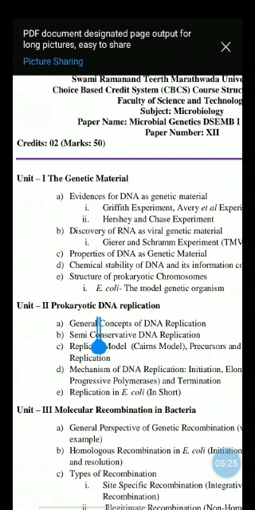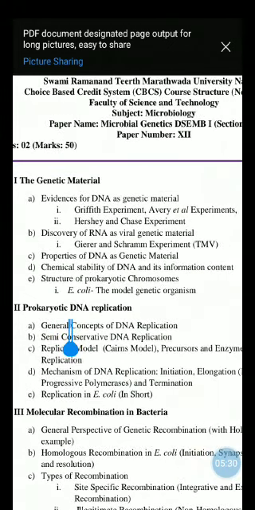The second point, discovery of RNA as a viral genetic material. Under that, the Gierer and Schramm experiment. This experiment is totally based on TMV, that is, tobacco mosaic virus.